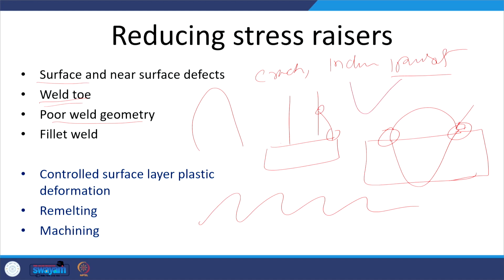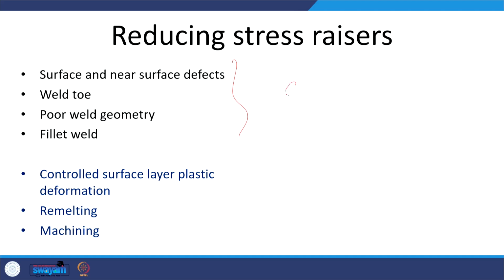All these aspects will contribute as stress raisers for localized enhanced presence of stress in these areas, like the weld toe, the rough surfaces, the underfilled zones, or undercut, wherever the defects are present. In all these cases, the stress concentration will be high.